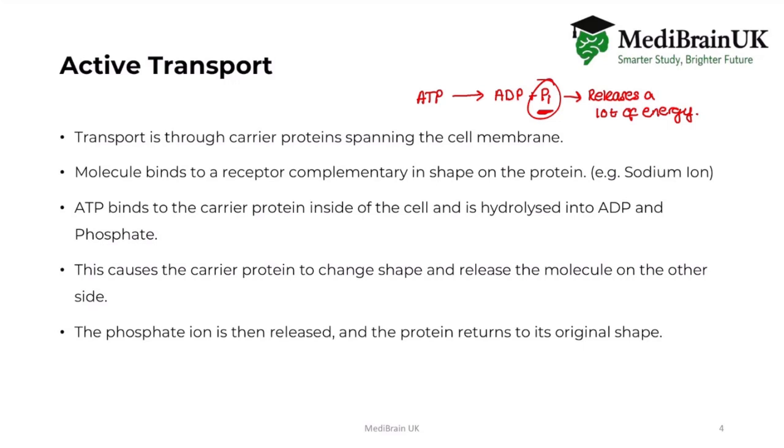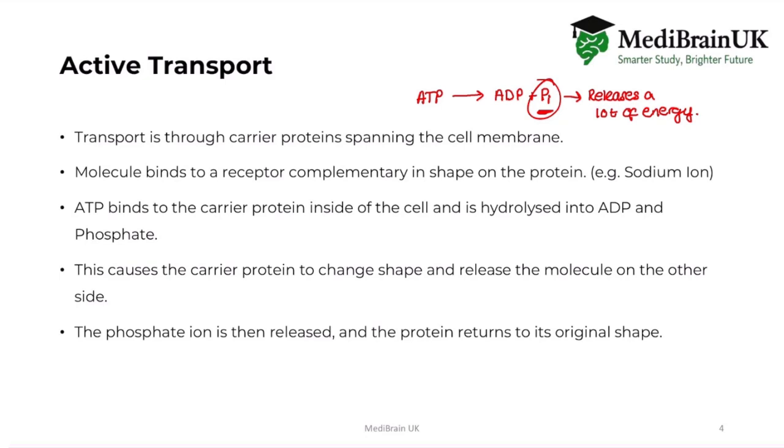That release of energy will cause a change in the shape of the carrier protein, causing the molecule which is attached to be released on the inside of the cell. The phosphate then detaches from the carrier protein and the protein returns back to its original shape. That's your active transport.